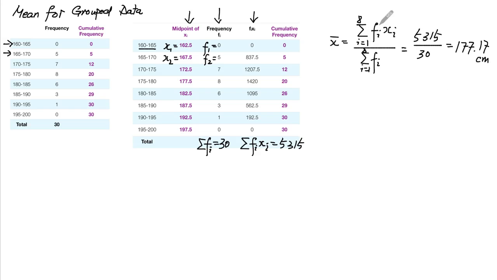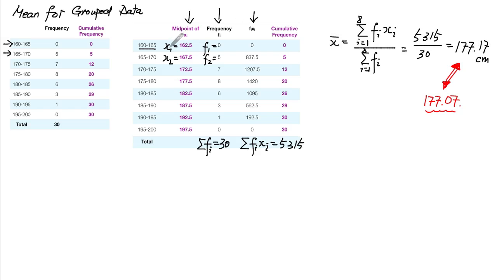Now if we go back to the exact mean that we had calculated in our first video in this section, the mean in that section was 177.07. So as you can see, the mean that we had estimated, in spite of not knowing the exact height of all 30 males that we had sampled, gets us a pretty close value to what the true sample mean was. Okay, we're off by 1 decimal point.